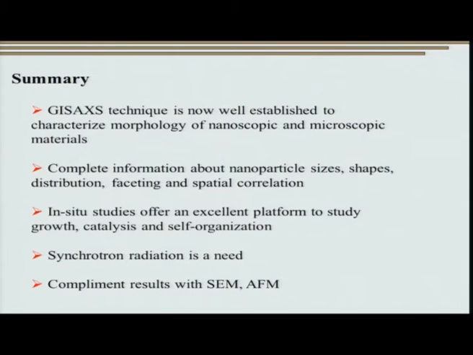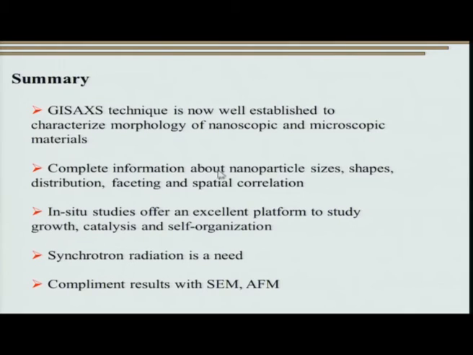Okay. So, to summarize, I hope you appreciate that the grazing incidence small angle X-ray scattering technique is now well established to characterize the morphology of nanoscopic and, to a certain extent, microscopic particles. For microscopic particles, we essentially do not really need grazing incidence small angle X-ray scattering, but for nanoscopic particles, this is probably the only technique to give you a lot of information while doing in situ experiments.